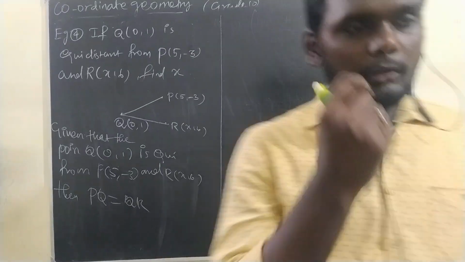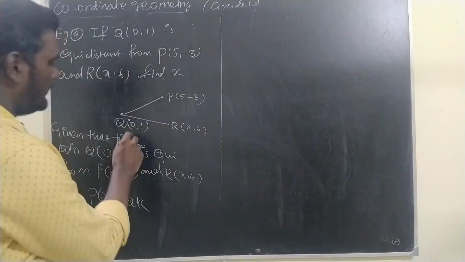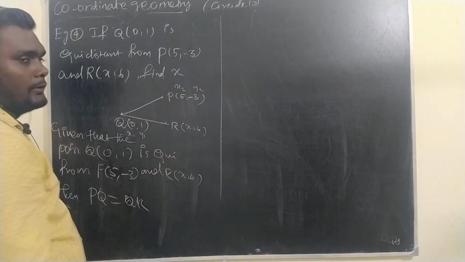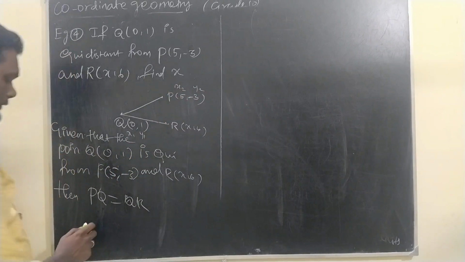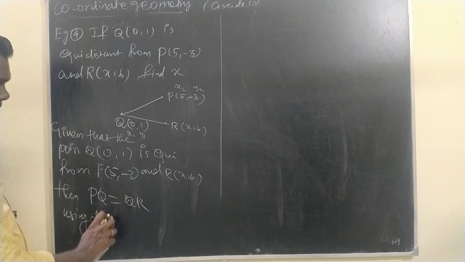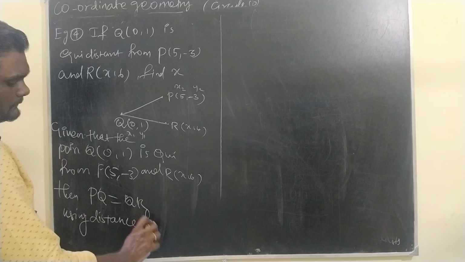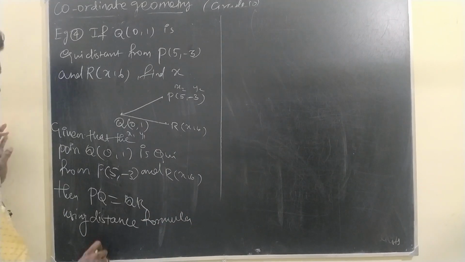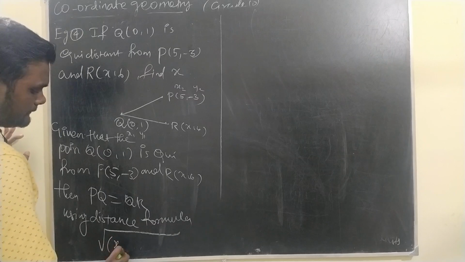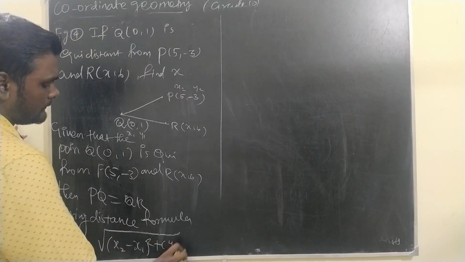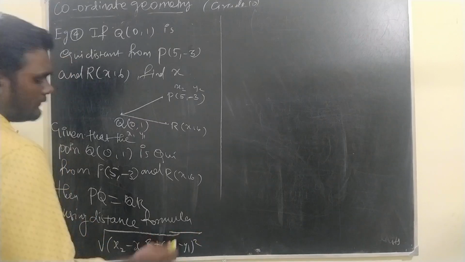Okay. Take your pencil. In the pencil, mark this as x1, y1. This is x2, y2. And write the distance formula. Using the distance formula, that is square root of (x2 minus x1) whole square plus (y2 minus y1) whole square.